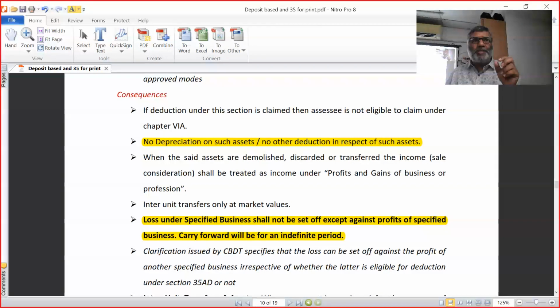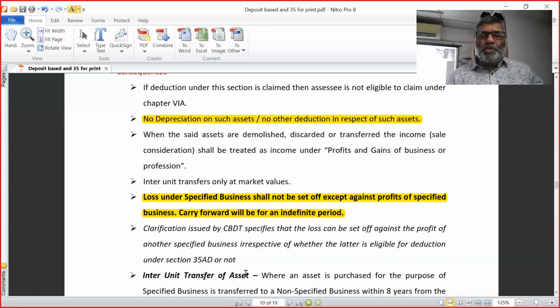The intention is do not set off the hotel business loss against an iron and steel manufacturer or a software business. But if you have two hotel businesses, one not covered under 35AD and another covered under 35AD, this loss can be mingled and set off against the other one. We will do a question also and come back to this. This inter-unit transfer, I will come to.